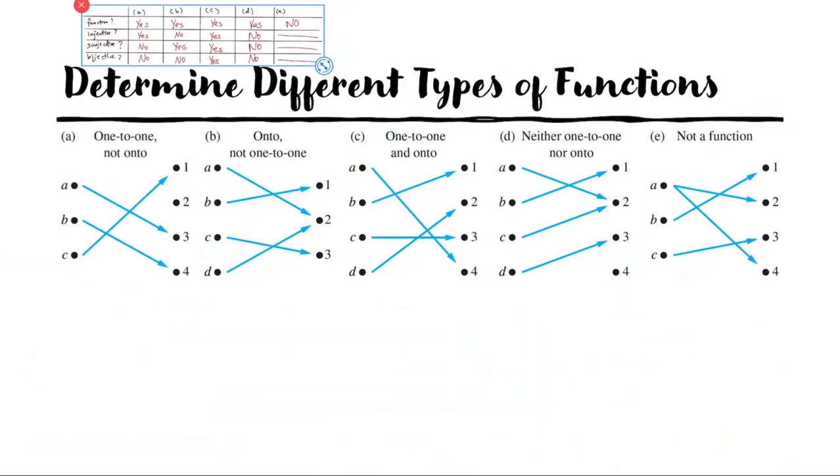Okay, so this is what we got from the previous question. We have a function that's 1-to-1 but not onto, onto but not 1-to-1, 1-to-1 and onto, neither 1-to-1 nor onto, and we have not a function. Now, if I ask you to compare the cardinality, what do we see?